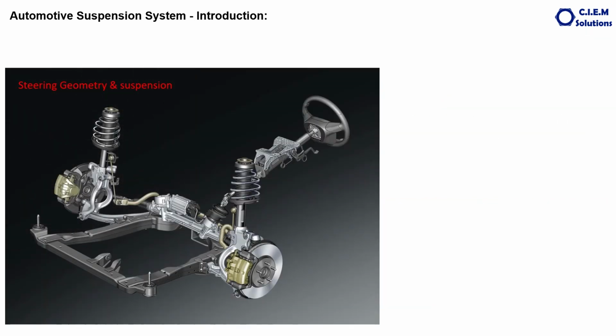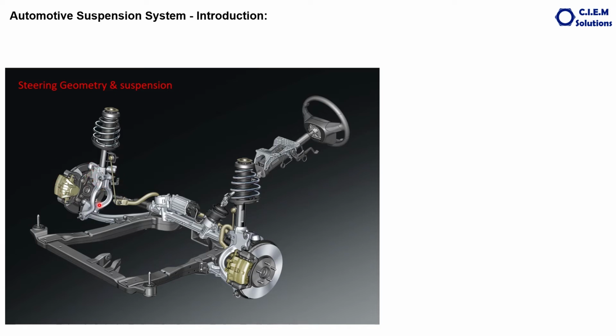One more important thing is that the front suspension system of a vehicle has to be well synchronized with the steering geometry. The linkages provided in the suspension system are to be well synchronized with the steering geometry, because in the majority of front wheel drive vehicles, the suspension system linkages act as the kingpin in negotiating a torque.